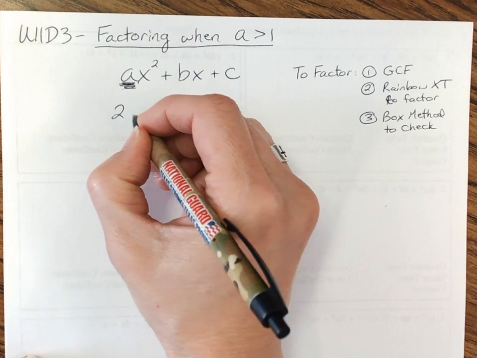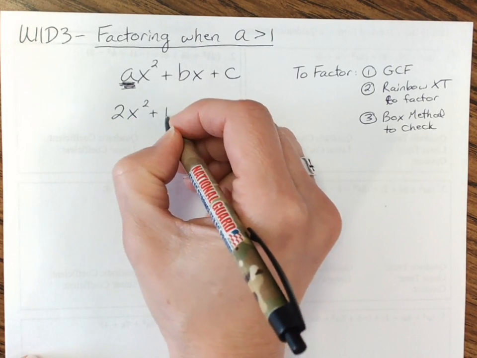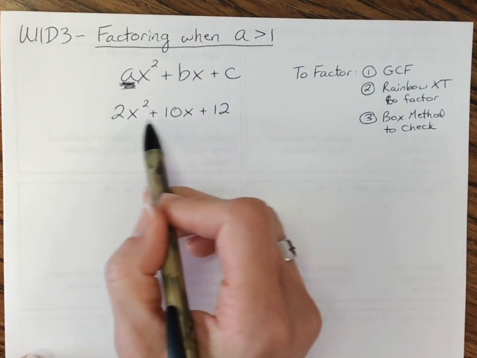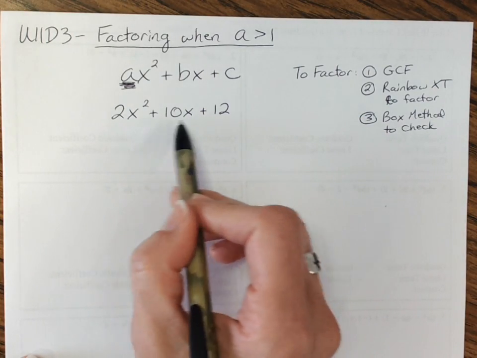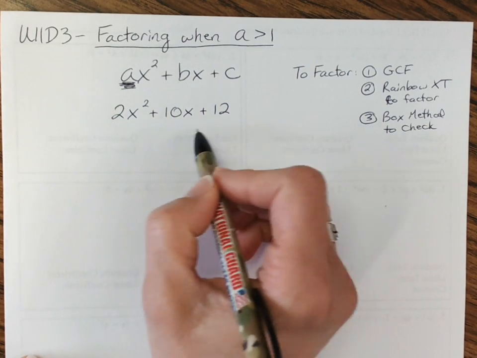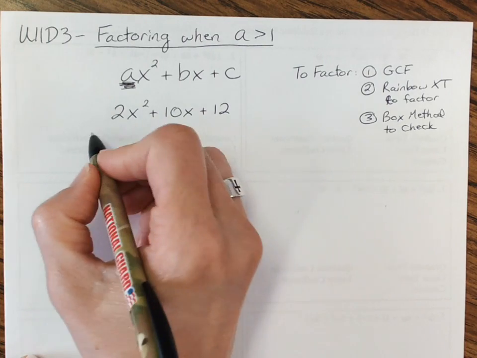For example, if we had a quadratic trinomial like 2x squared plus 10x plus 12. I don't want to make the video too long, so I'm just going to tell you what the GCF is. What we did was we did factor trees, we found the GCF, and the GCF of this one is 2.